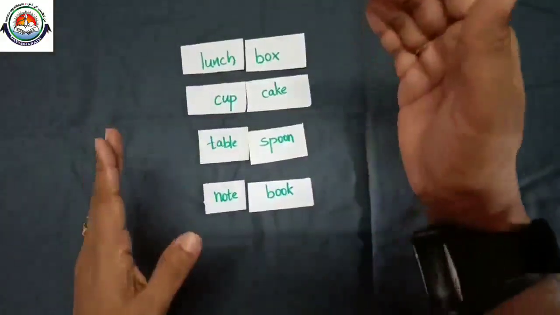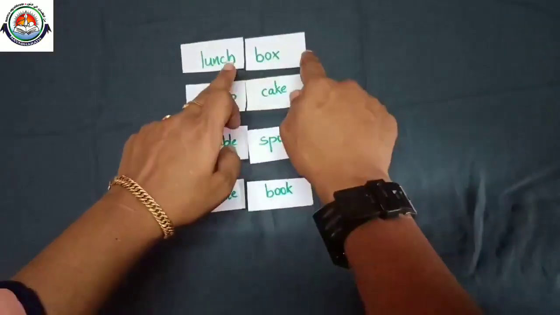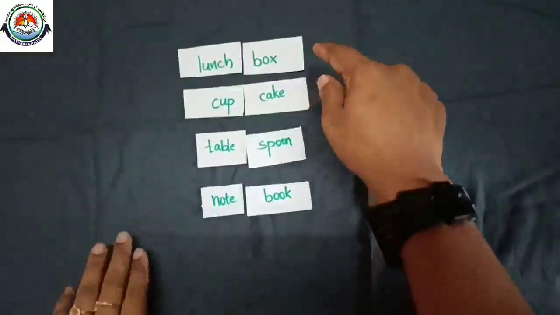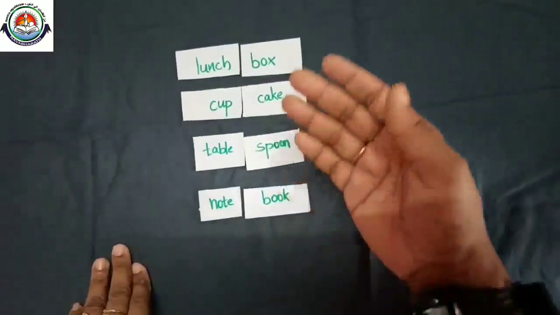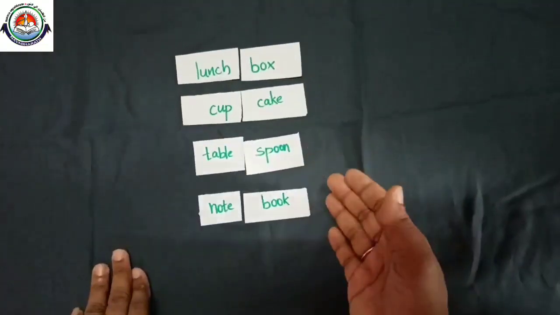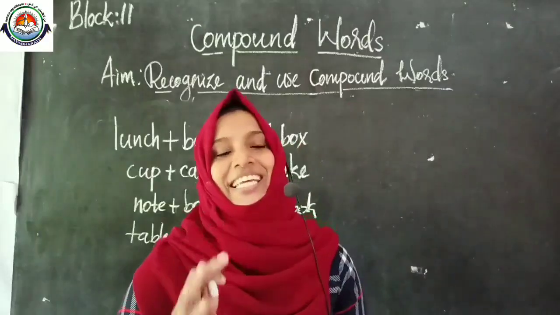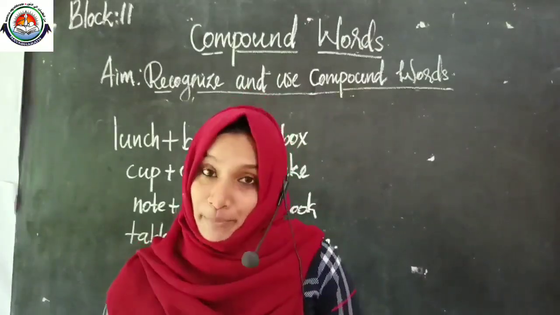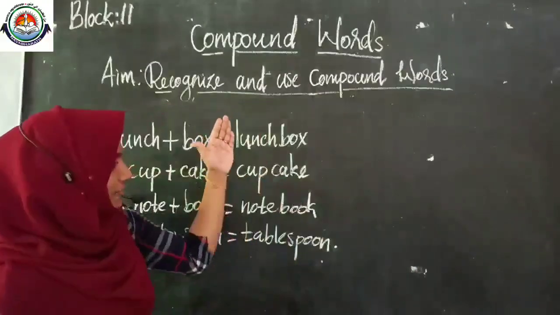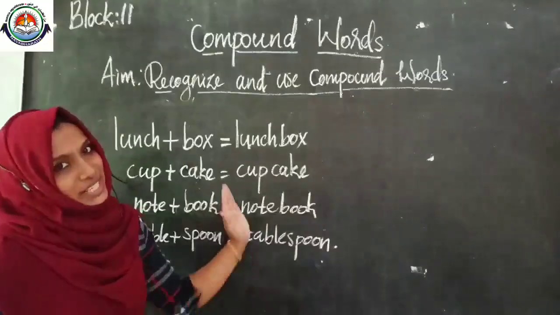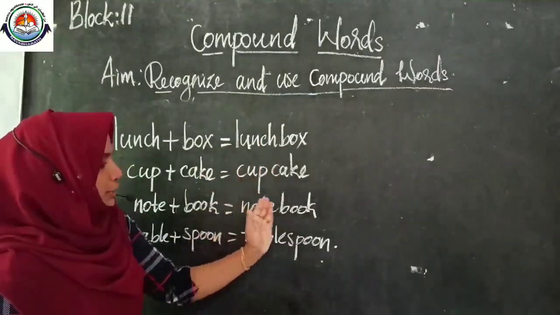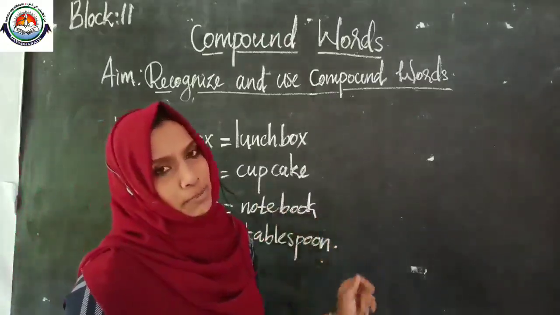So this is how we have to put two words together to make a compound word. The first word is lunchbox, then cupcake, tablespoon and notebook. Tell me, what words did we make from that activity? Here we have made lunchbox, cupcake, notebook and tablespoon.